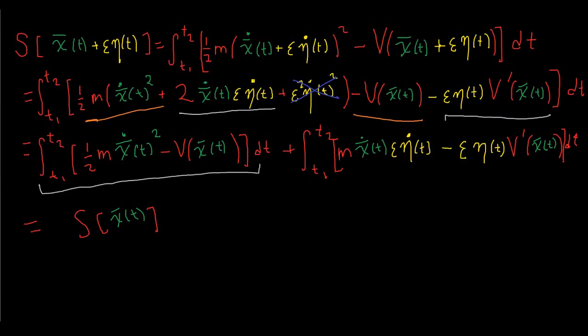And then this term right here, we can take out the epsilon, right? Plus epsilon, because we have an epsilon here and an epsilon here, and we can just take both of those out into the front of the integral.